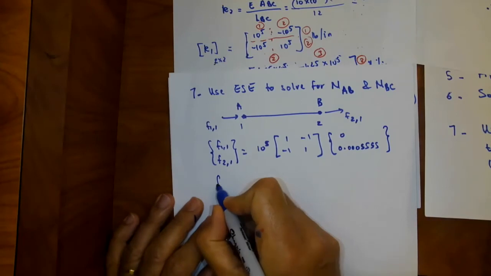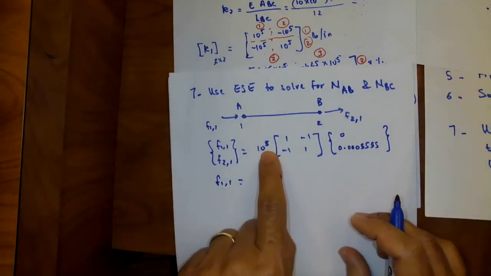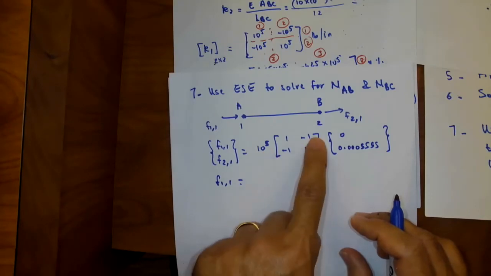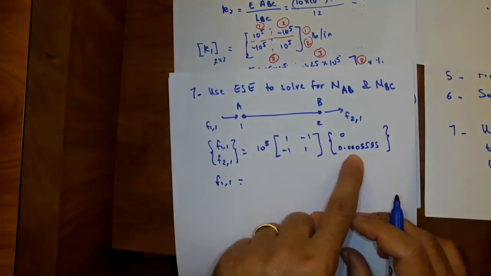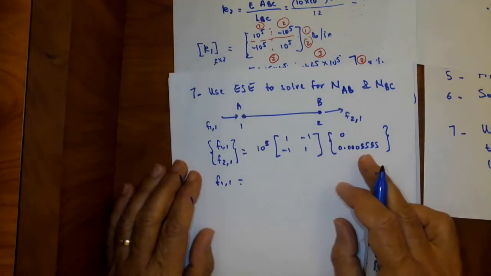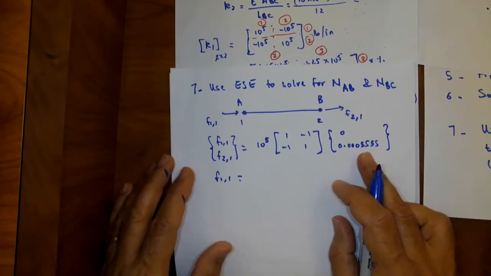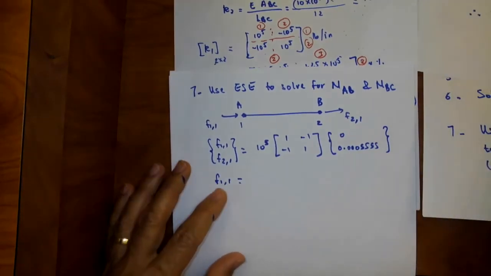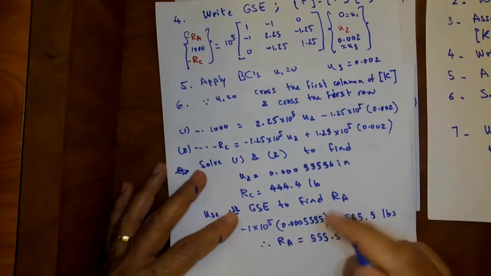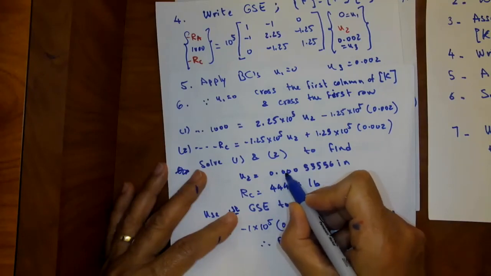From this element stiffness equation, I find that F11 is equal to 10 to the power 5 times minus 1 times 0.005555. So I get here, I think I have an extra 0. There is an extra 0 here. Sorry for that.